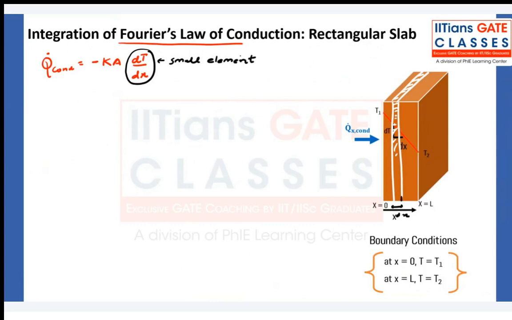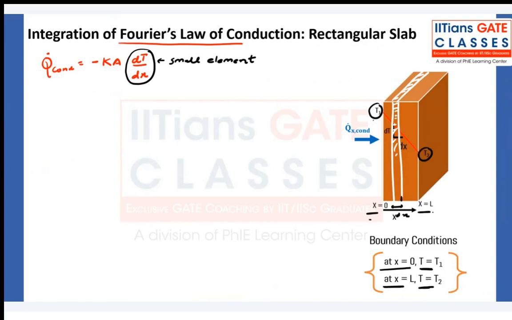Now, if we want to calculate the total heat transfer in the whole slab, from x equals 0 to x equals L, and we maintain temperature T1 at x equals 0 and T2 at x equals L, these are our boundary conditions. At x equals 0, T equals T1, and at x equals L, T equals T2.